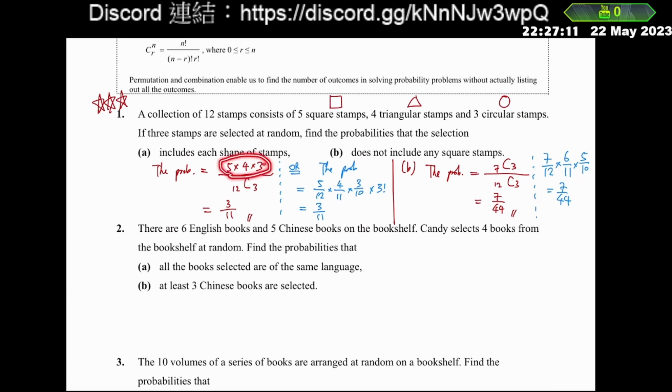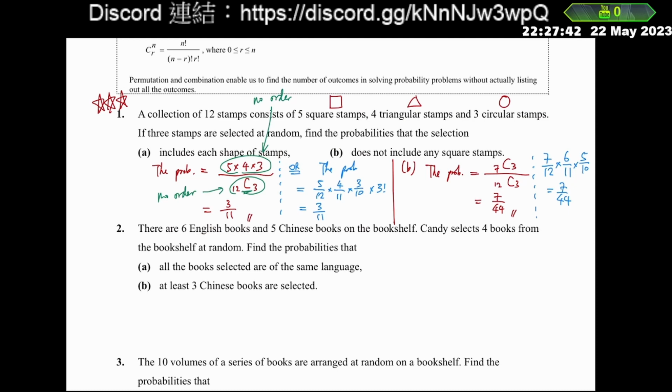I said that it has no order, while the denominator 12C3 also has no order. So the remark here for you will be this 5 times 4 times 3 does not have any order. I put it no order here. And also here we use C, therefore it also has no order. Then we can find a probability for this one. If we can match the numerator no order and the denominator also no order, then the probability is okay.